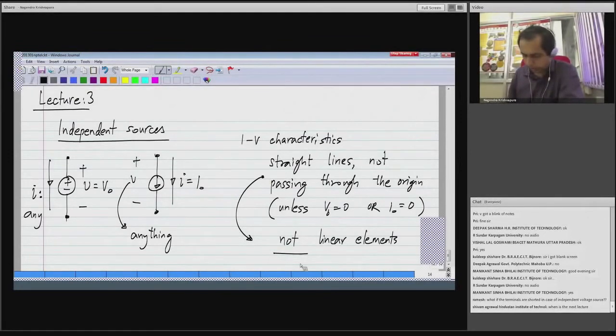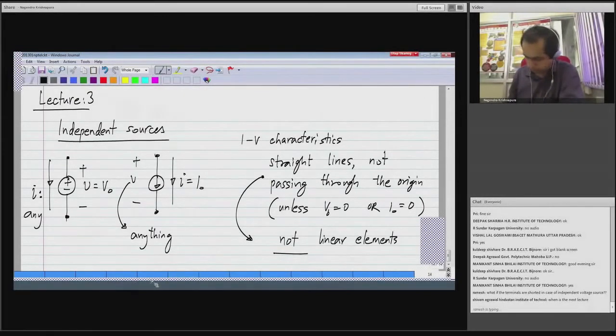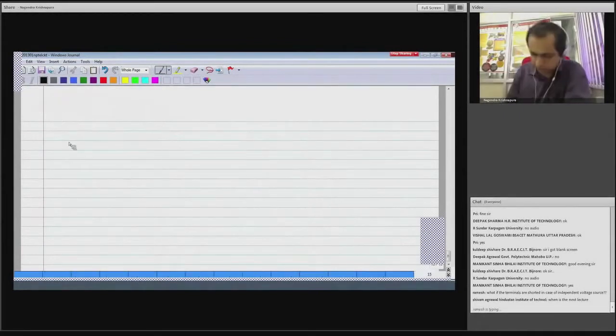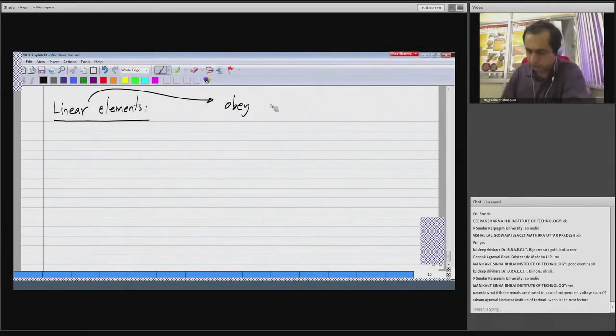In addition to this, we also looked at a certain number of linear elements, which means that they obey superposition. In case of electrical elements, the variables of interest are voltage and current.